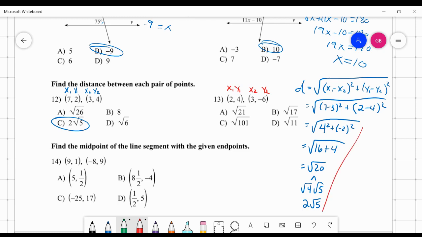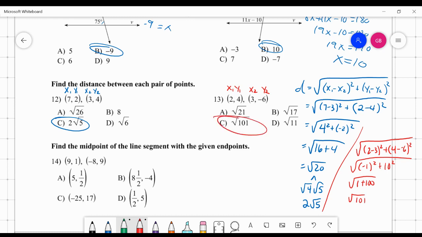So for that one, the distance is the square root of 2 minus 3 squared plus 4 minus negative 6 squared, which is negative 1 squared plus 10 squared, which is 1 plus 100, which is the square root of 101. 101 is a prime number, so it doesn't have any factors other than 1 and itself.